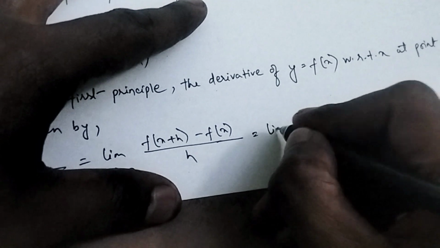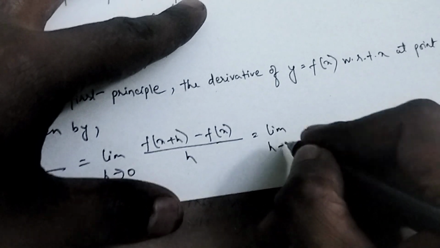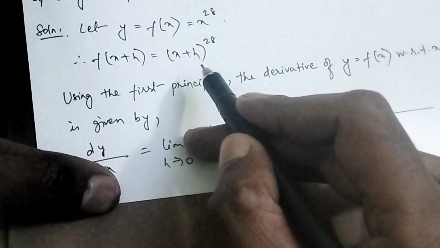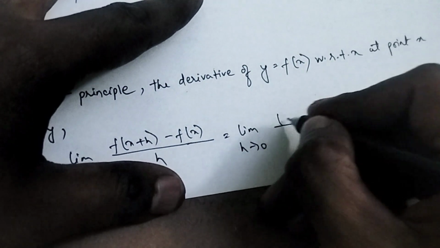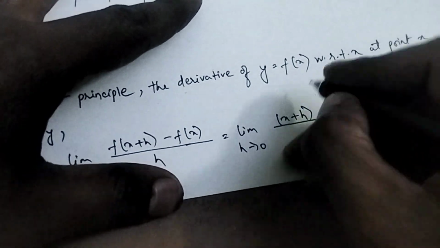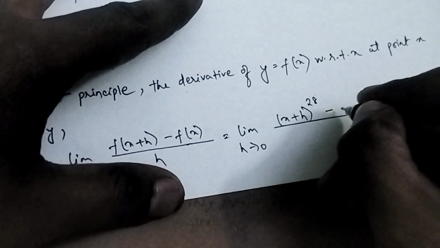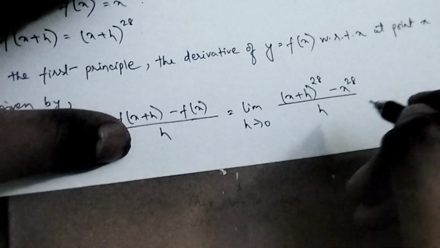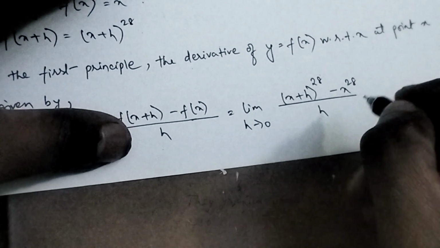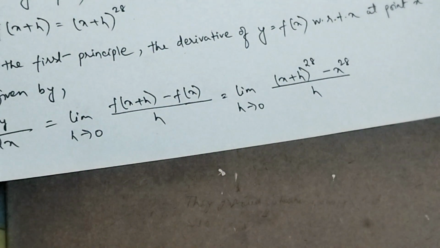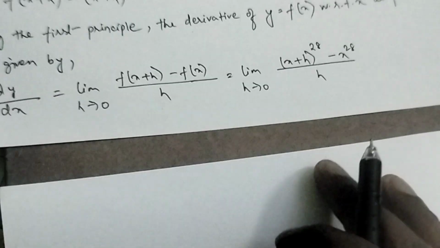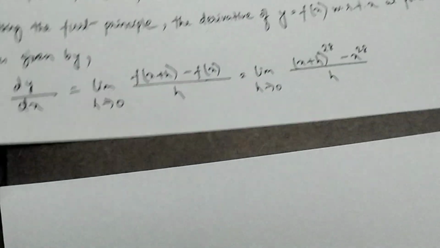So it will be limit h tends to 0, f of x plus h is x plus h to the power 28, x plus h to the power 28 minus x to the power 28, f of x is x to the power 28, by h. So now watch till here, clear?